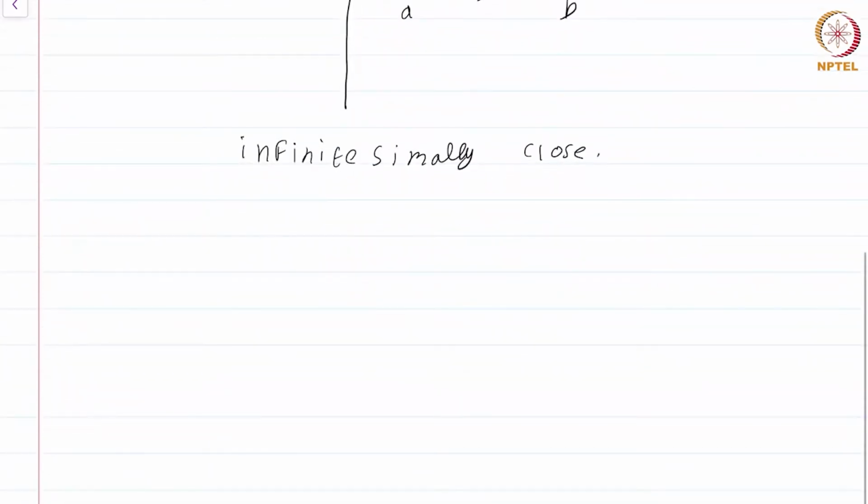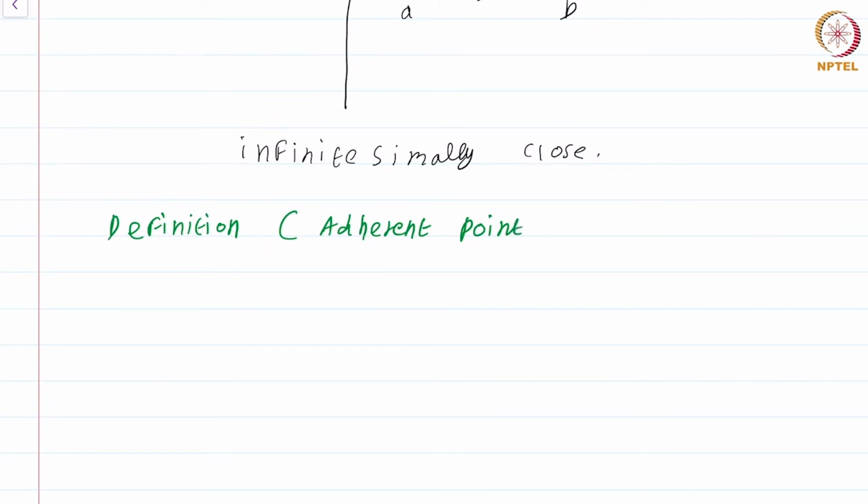So let's make the first definition in this chapter on topology. Definition: this is the definition of adherent point and limit point. The word adherent means sticks to the set.